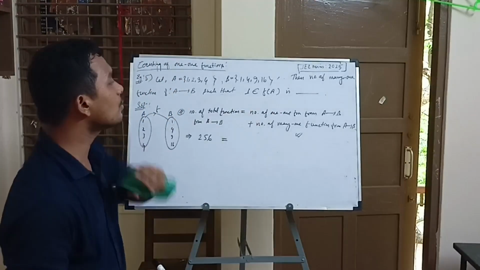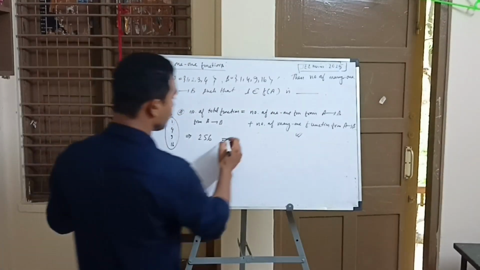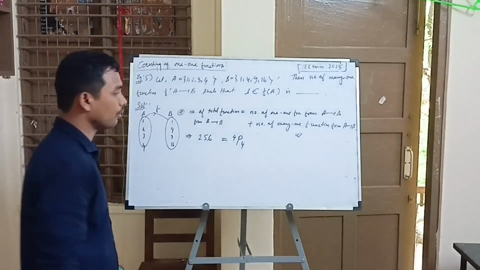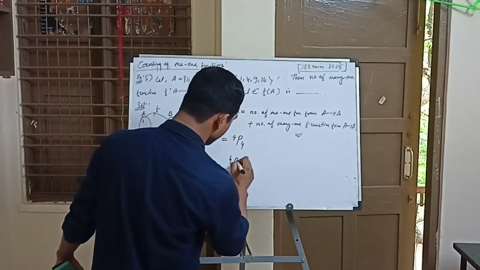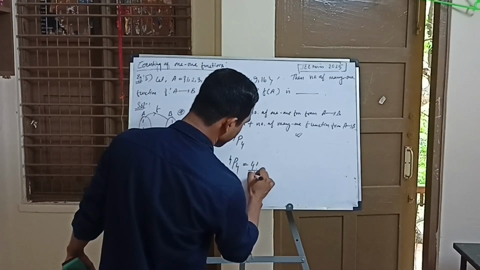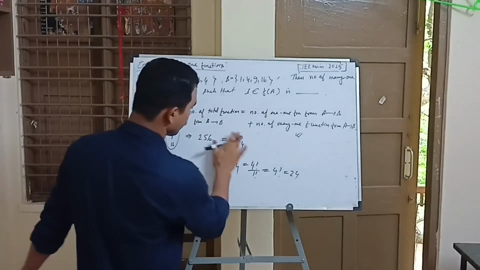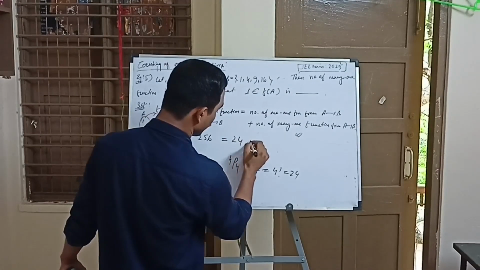Now the total number of one-one functions from A to B. What is it? 4P4. 4 factorial by 0 factorial, 4 factorial. This is 24. Correct? So this is 24 plus.